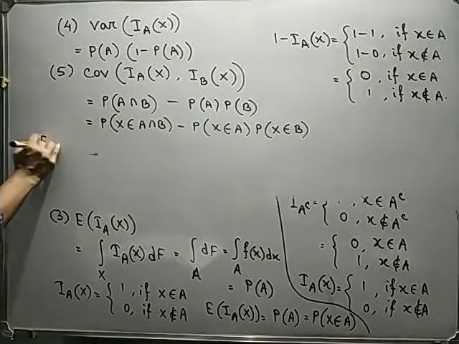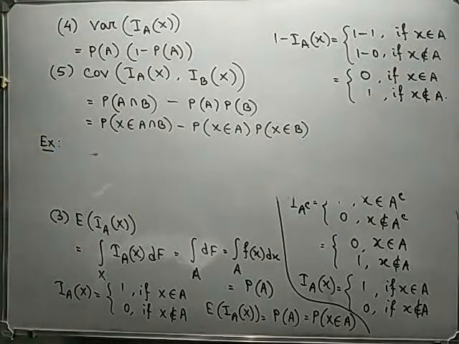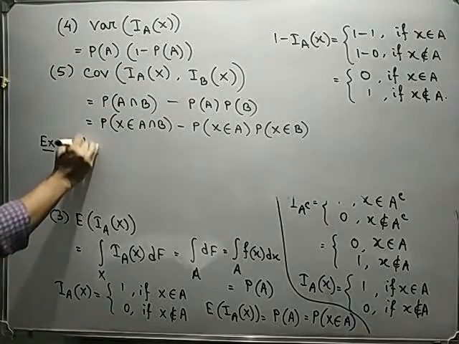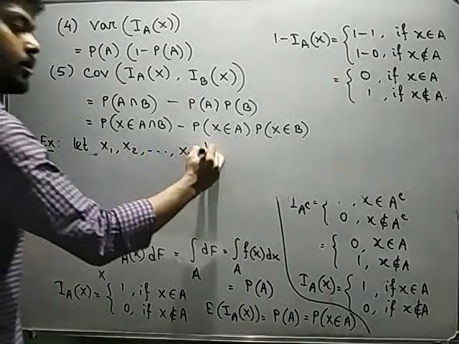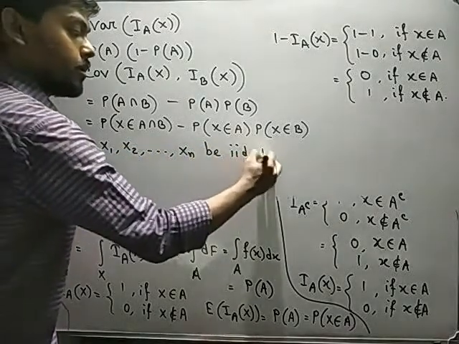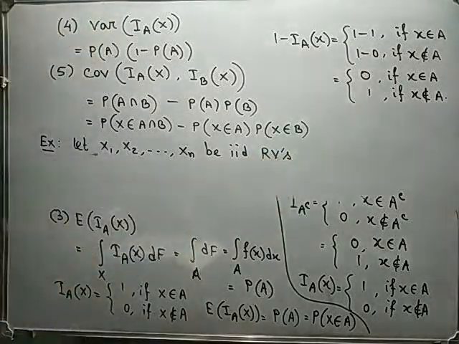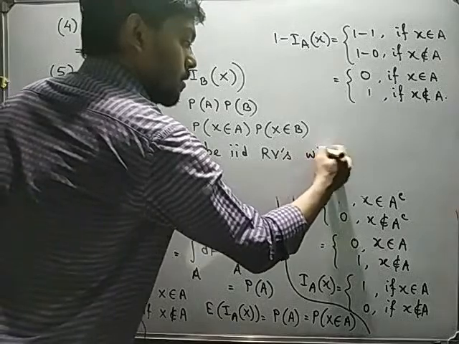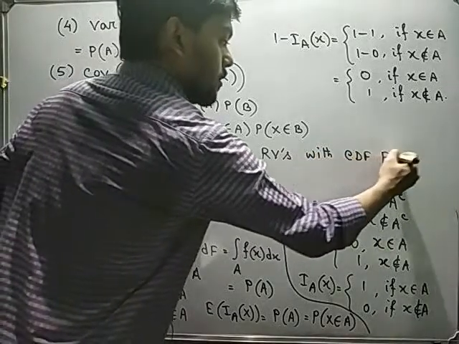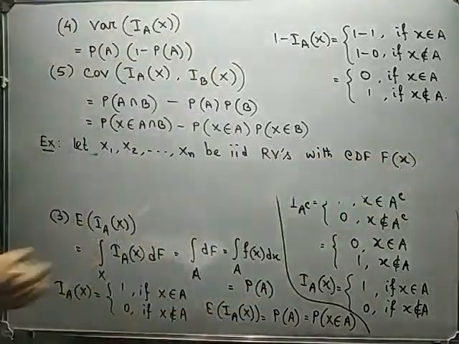An example, the use of this indicator function. Let X1, X2 to Xn be IID random variables with CDF, let's say capital Fx.